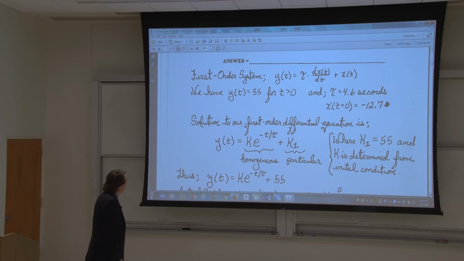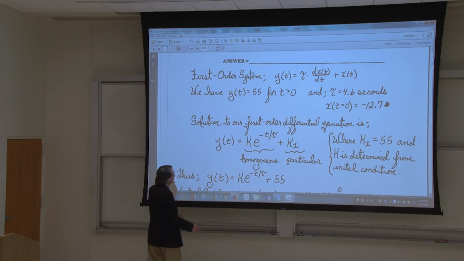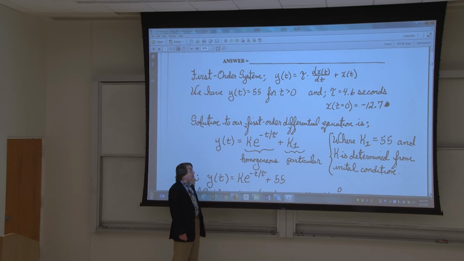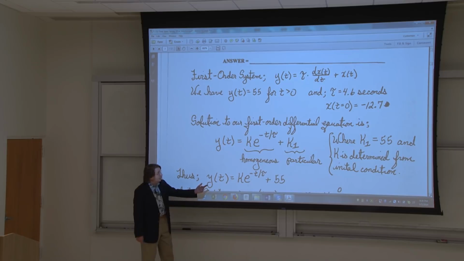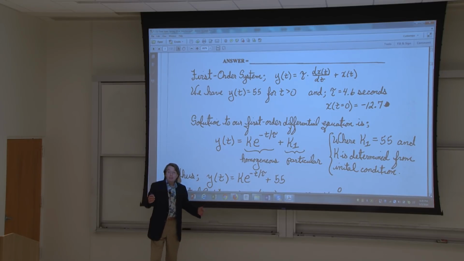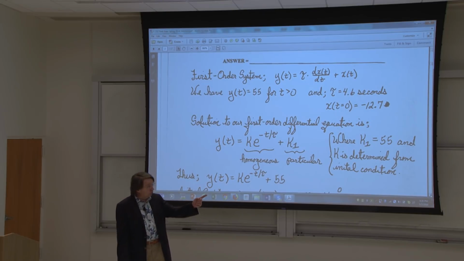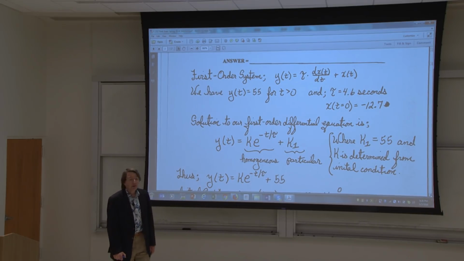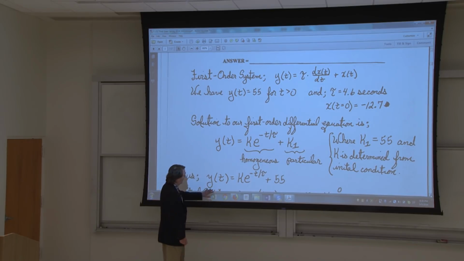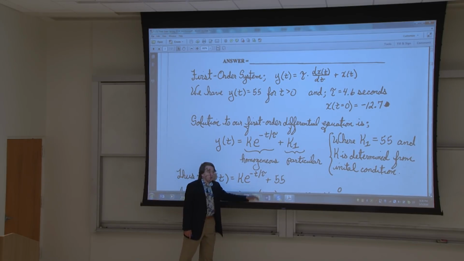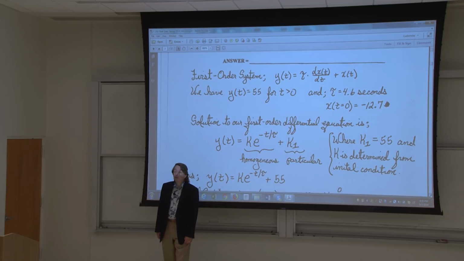So the equation that describes this circuit is k e to the minus t over tau plus k1, which I call the particular solution. I know the particular solution: that's the steady state solution, the final value. As we drew on the graph, that is 55. So what we get is y of t equals k e to the minus t over tau plus 55.